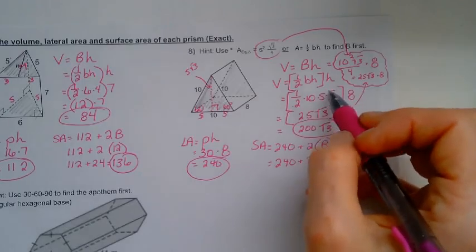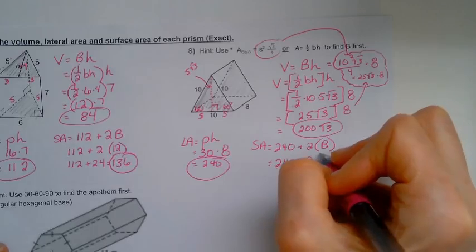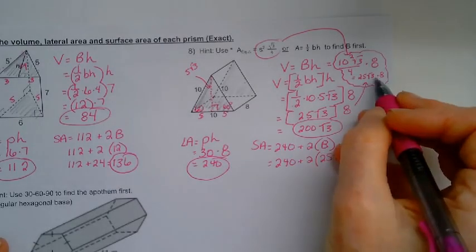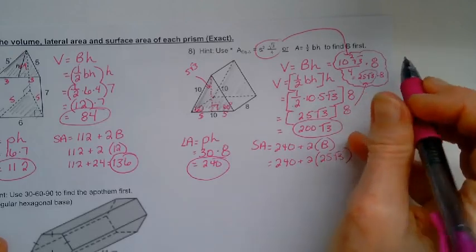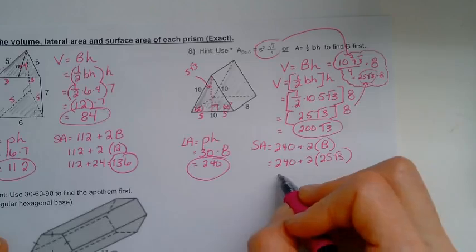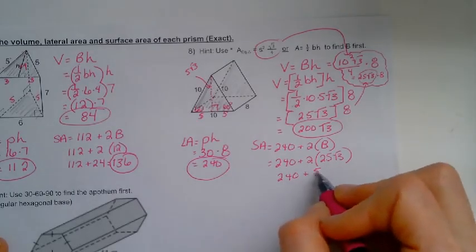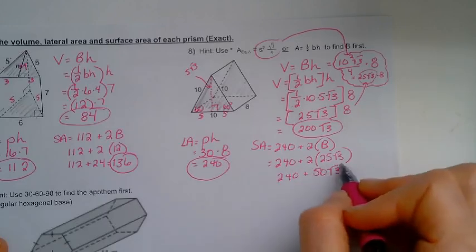So 25 rad 3, and I also did it here, 25 rad 3. And then we multiplied it by the height. Okay, so 240 plus 2 times 25 is 50 rad 3. And we cannot combine these because they are not like radicals. And so that's the surface area.